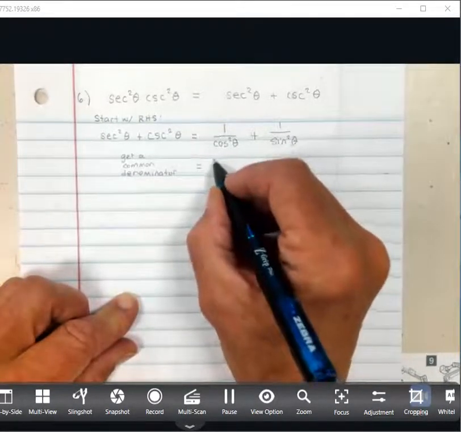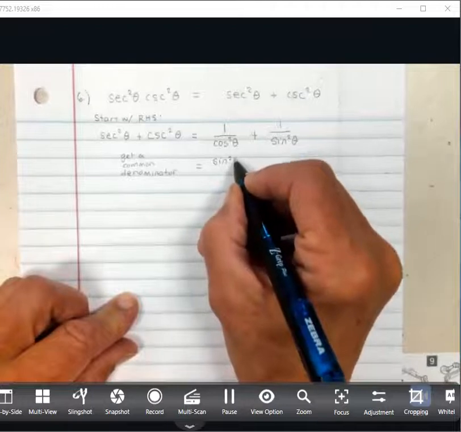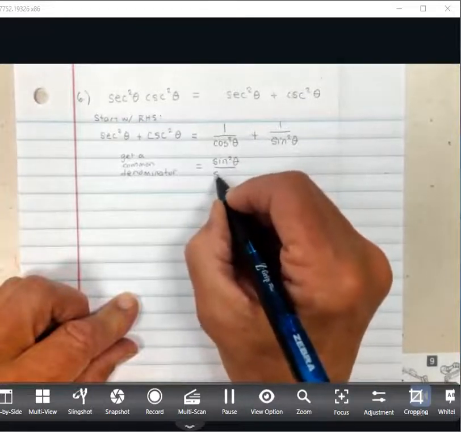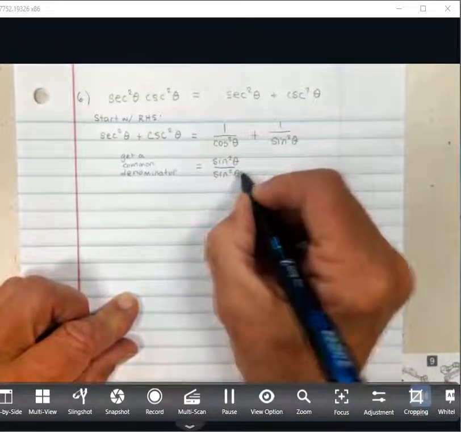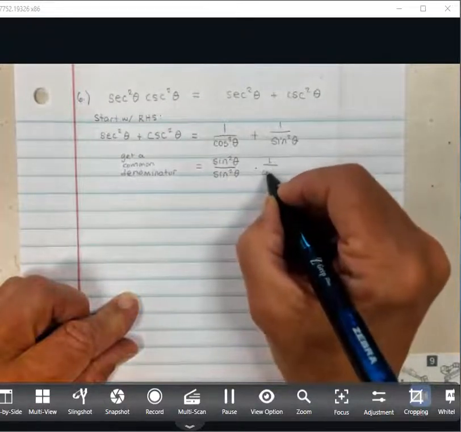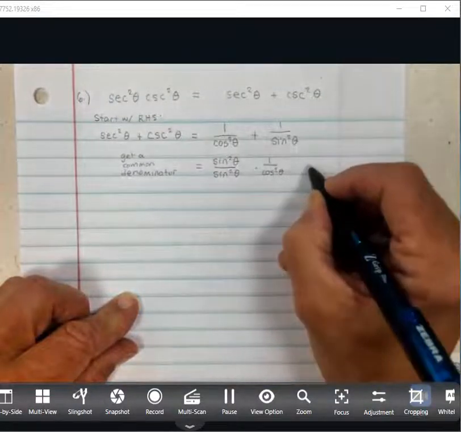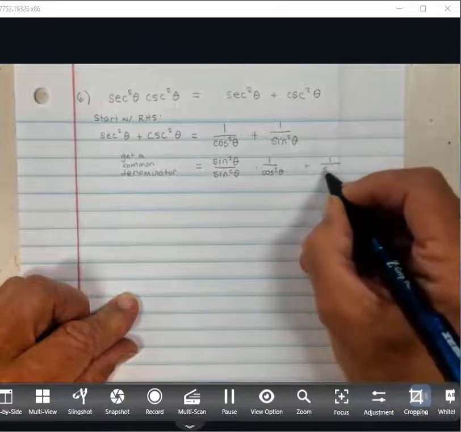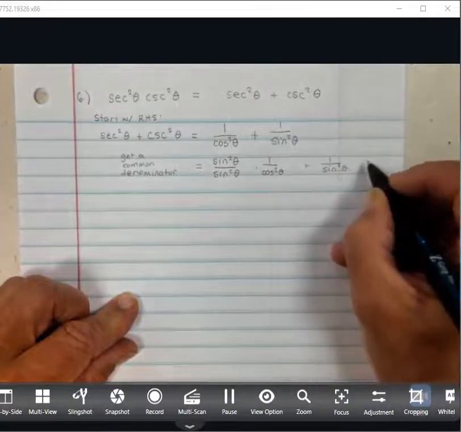So I'm going to take that first fraction and multiply it by sine squared over sine squared. I'm going to take that second fraction and multiply it by cosine squared over cosine squared.